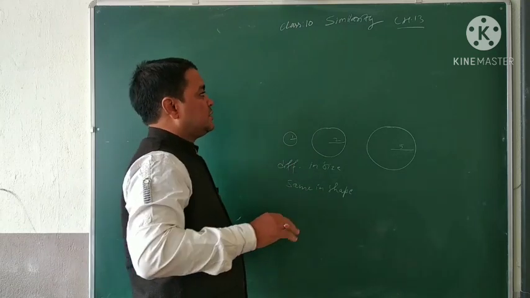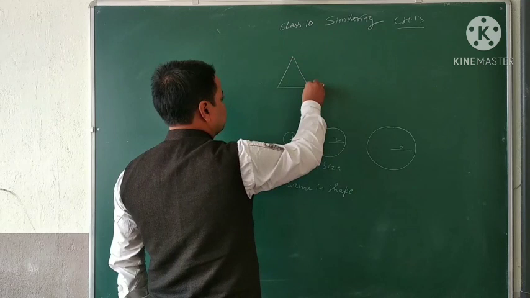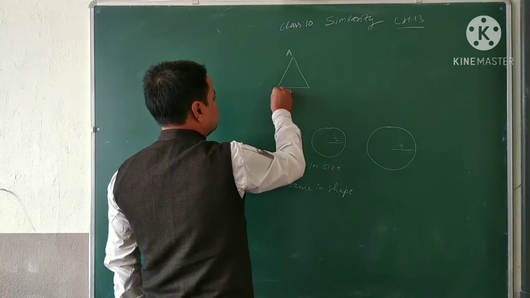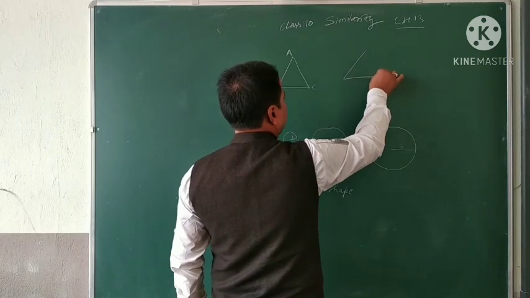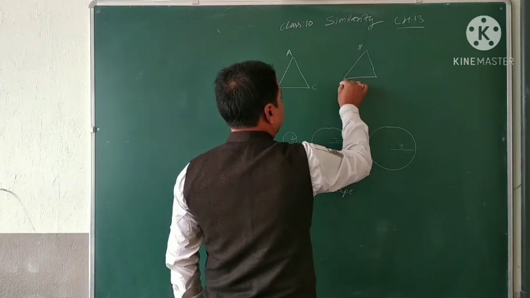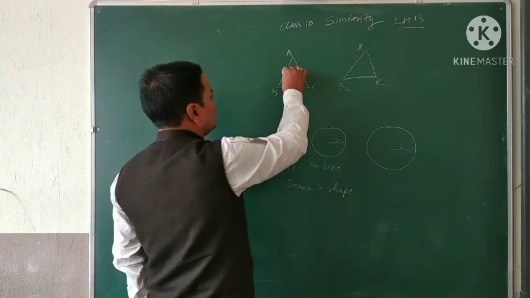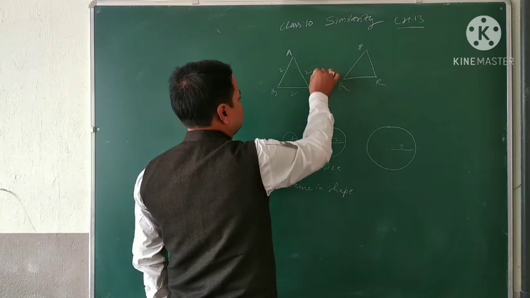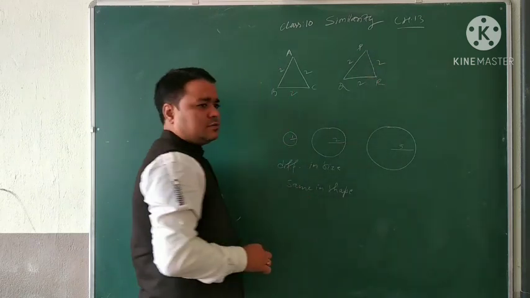Now, let us understand. Here we have a triangle ABC, and here one more triangle PQR. This is 2 centimeter, 2 centimeter, 2 centimeter. This also is 2 centimeter, 2 centimeter, 2 centimeter.